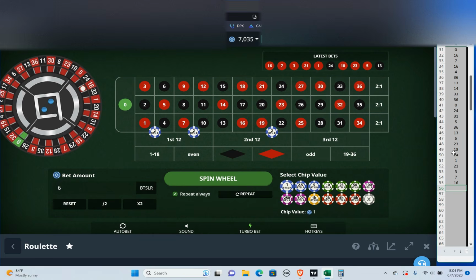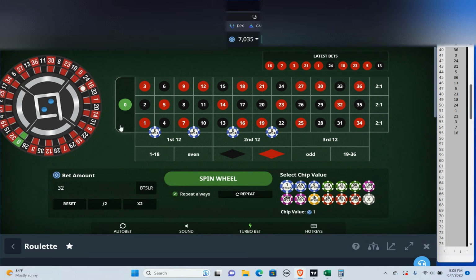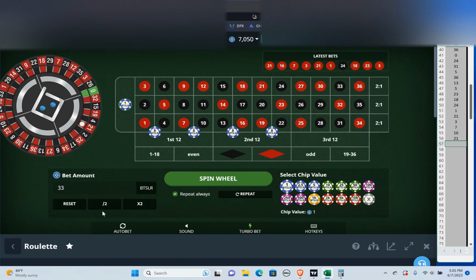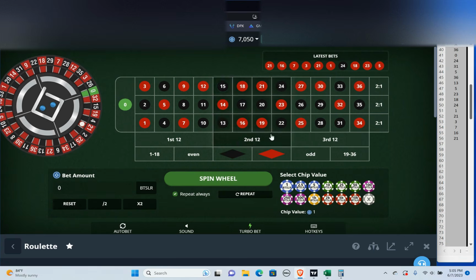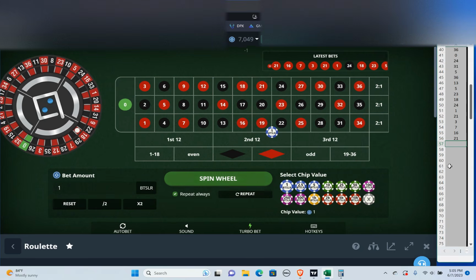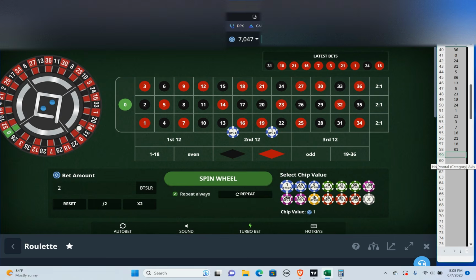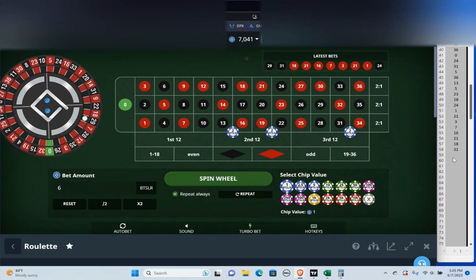Haven't even had to go to the fifth double street bet yet. I know I'm going fast here, but I'm trying to get some spins in so we can get some good results.